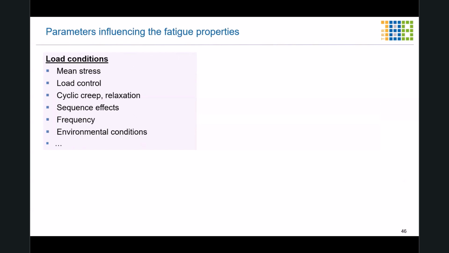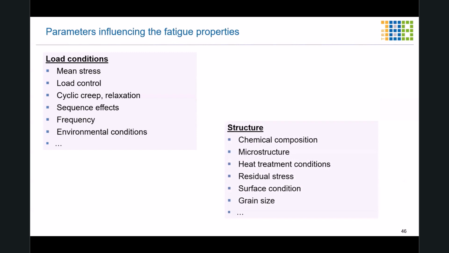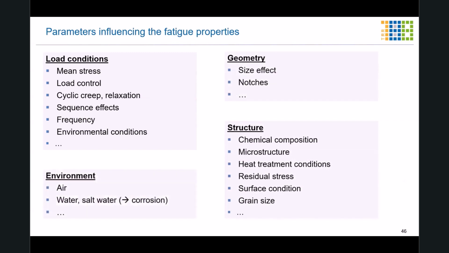In this case, I will show you some examples that I've already described to give you an overview of different influencing parameters that can be controlled throughout the test. For example, in our case, we will discuss later on the influence of the environment. In this case, very low temperatures regarding the influence on the fatigue behavior or fatigue properties.